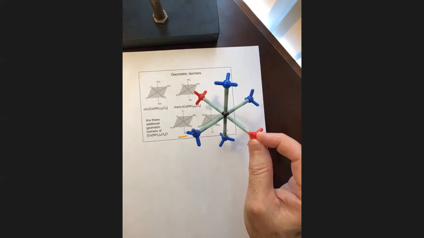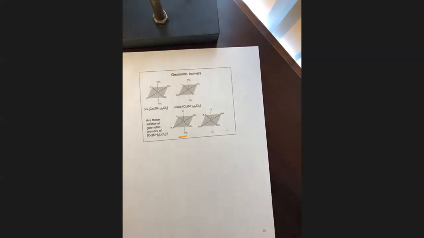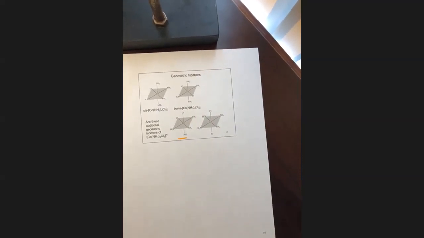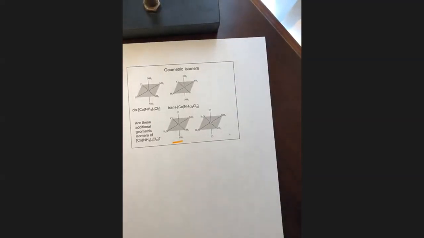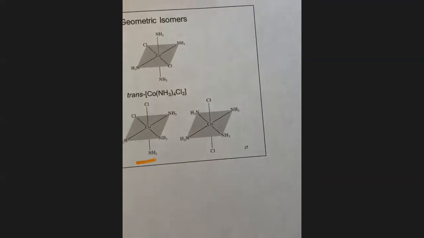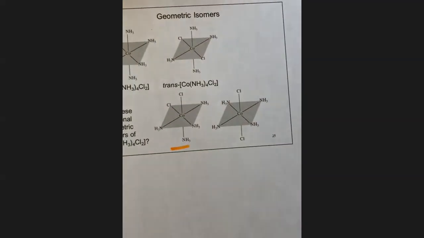So all this thing on the bottom was the same trans isomer, just looking at it from a different perspective. So the moral of the story is, like what we said before, that what is important here is the angle between these things. Okay, that's what is important.